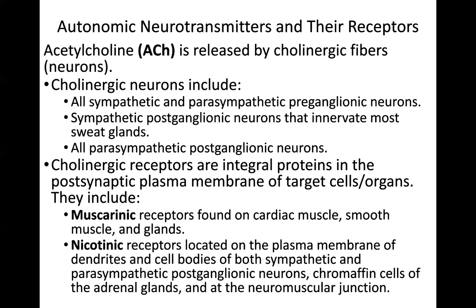Hopefully that's easy to remember: acetylcholine released by cholinergic fibers. Those cholinergic neurons or fibers include all sympathetic and parasympathetic preganglionic neurons. Remember, preganglionic are the first neurons, whereas postganglionic neurons are the second neurons.